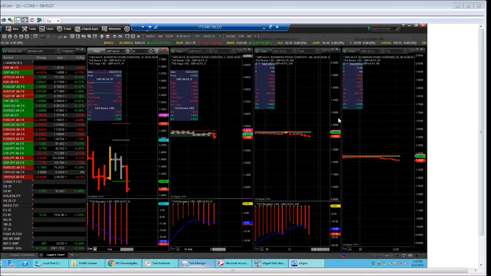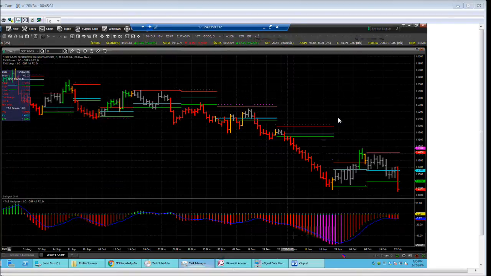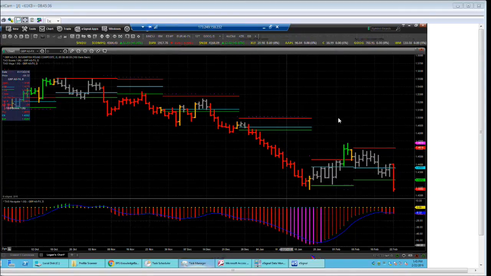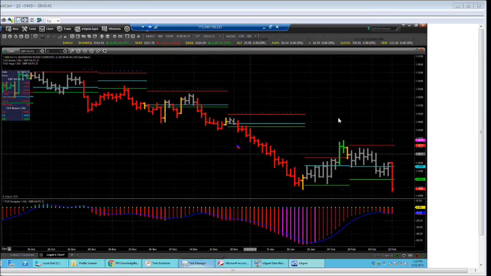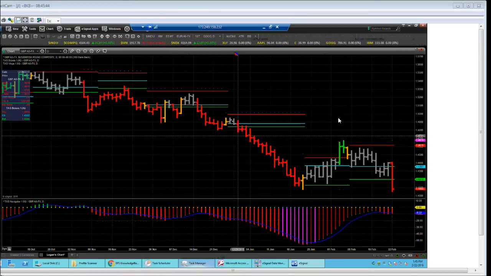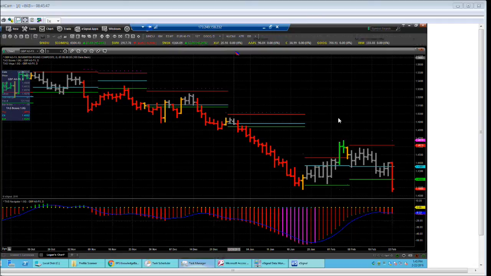It's never 100%. But right now the probabilities tell me that it's better to be short than long. And if I'm long, I'm going to be cutting that position at least to a neutral position, if not going short. So that's the probability trade on the sterling.